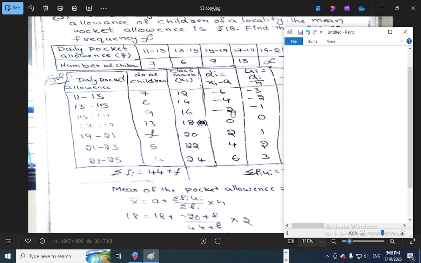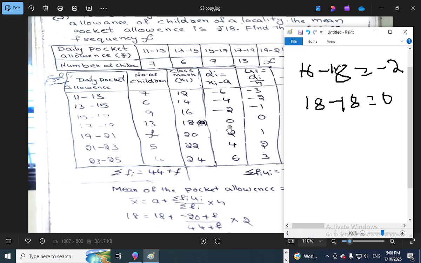Then the next class deviation, that is 16 minus 18, which is equal to minus 2. Minus 2 is the next class deviation. Then the next one, 18 minus 18 is equal to 0. 0 is the next class deviation.